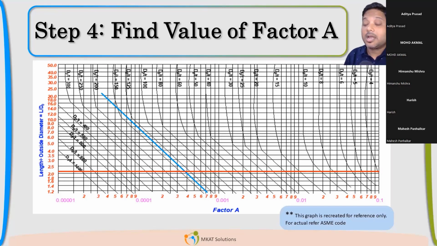Now if I want to find the exact value of factor A, is there any other method? If I don't want to refer to this graph, because the graph will not give me the exact value of factor A, it will give me only an approximate value. Can anybody tell me what I will have to do if I want to calculate the exact value?